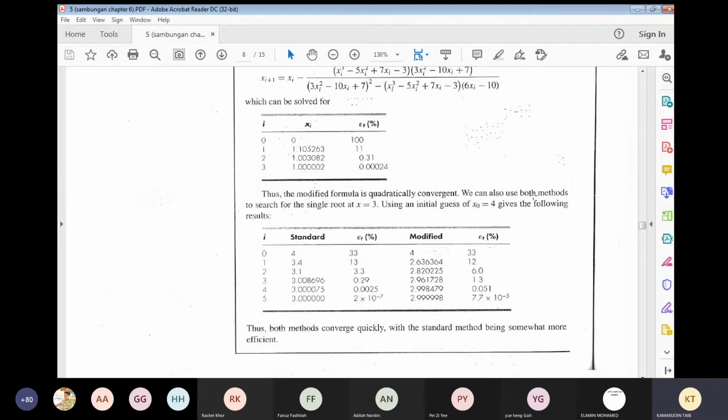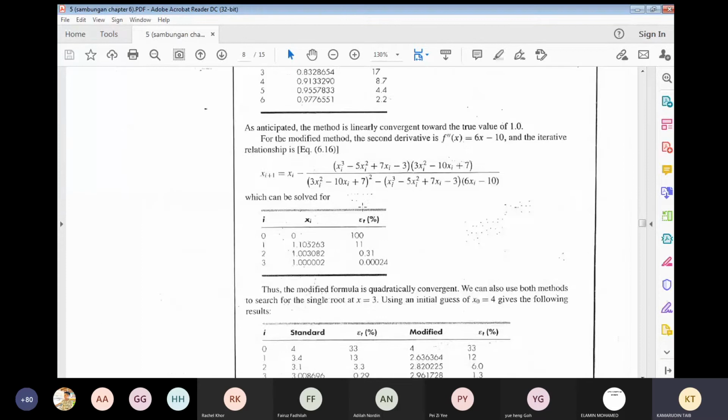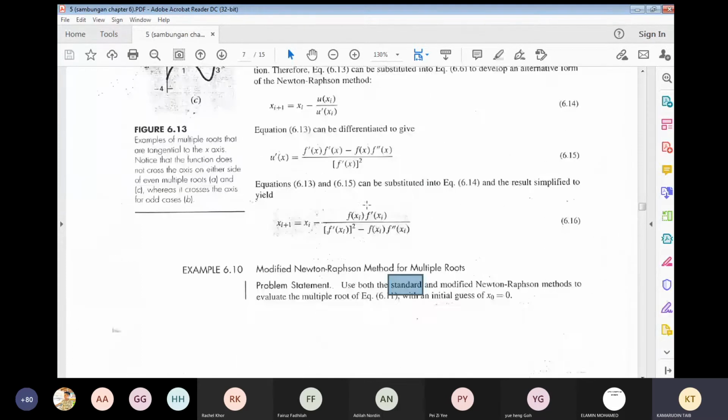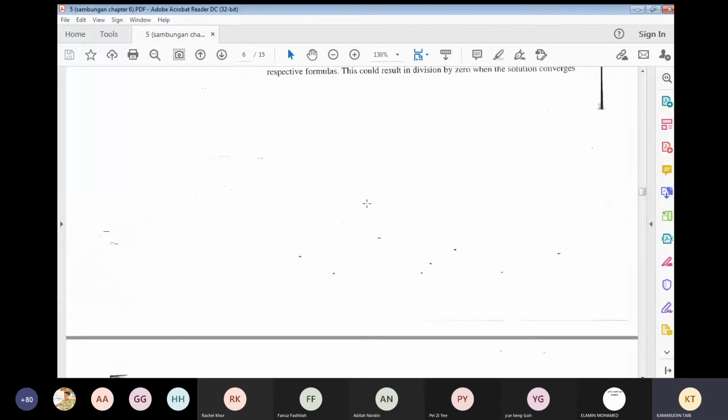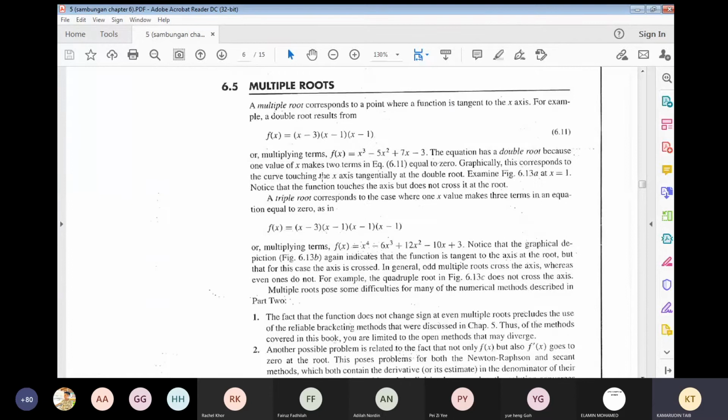We can also use both methods to determine the single root at x equals 3, because after factorization of the function, other than x equal 1 being a root, x equals 3 is also a root.